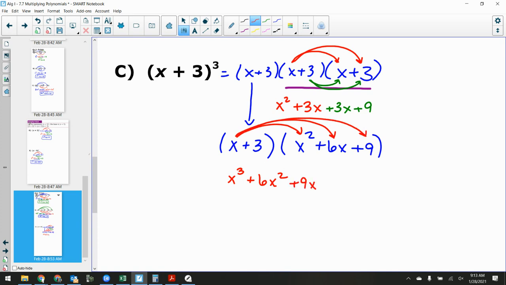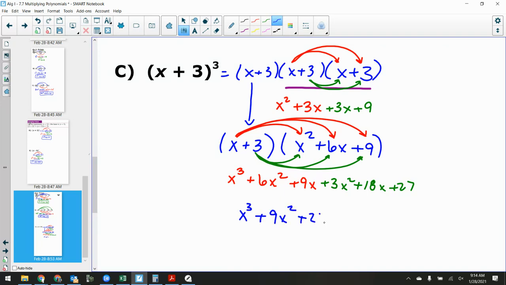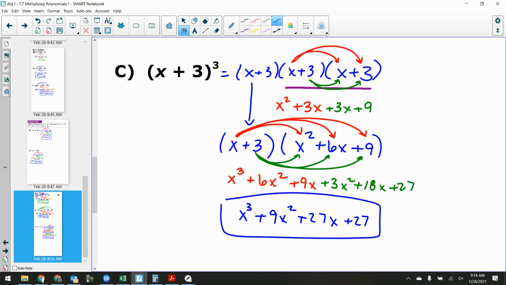And then we'll distribute the 3 in. 3x squared, 18x, 27. And then we combine like terms one more time. X to the third plus 9x squared plus 27x plus 27. And that's my answer. Yeah, that's like the hardest it could possibly get.